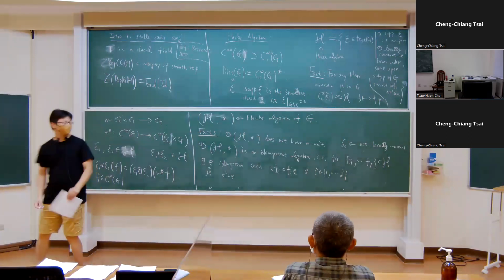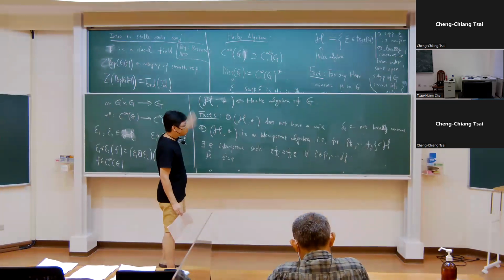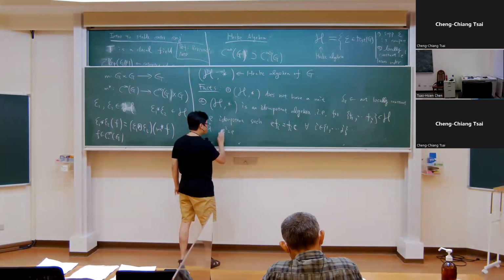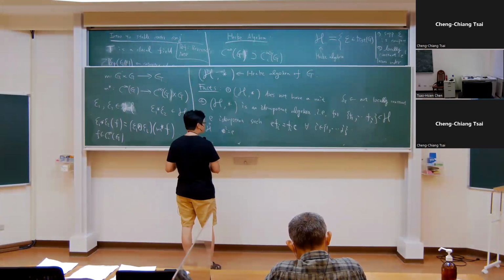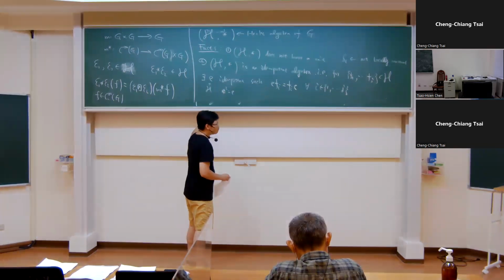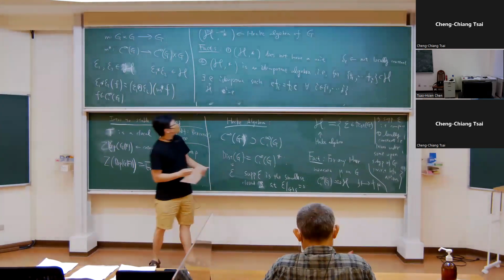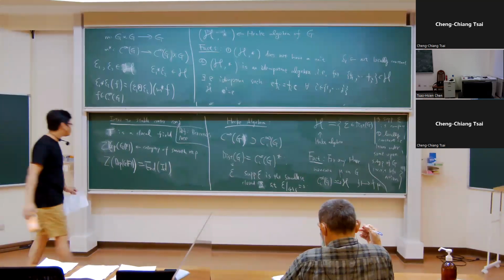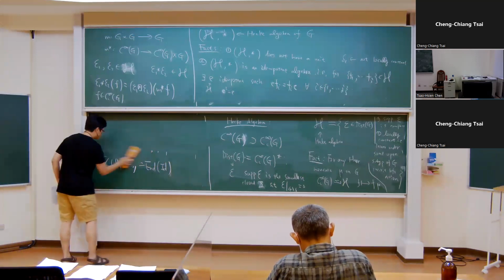So yes, H has this property. Somehow it looks like locally you have a unit. And now the key point is that it turns out the category of smooth representations of G is equivalent to modules of this algebra with certain non-degenerate conditions, namely it's called non-degenerate modules.